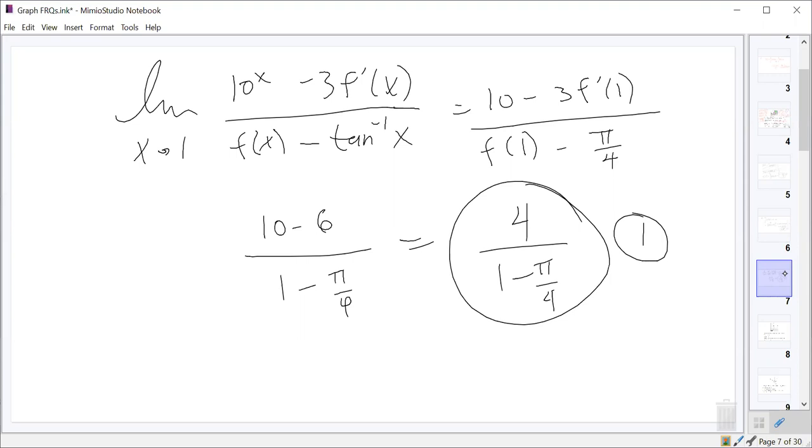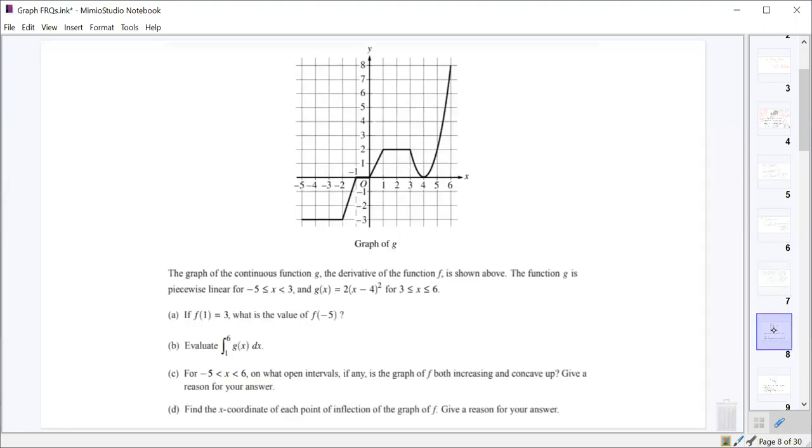No? All right. Let's look at this one then. If f of 1 is 3, what's the value of f of -5?